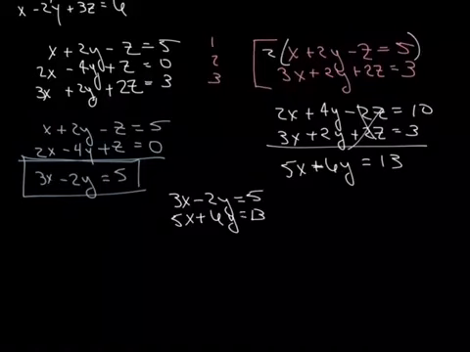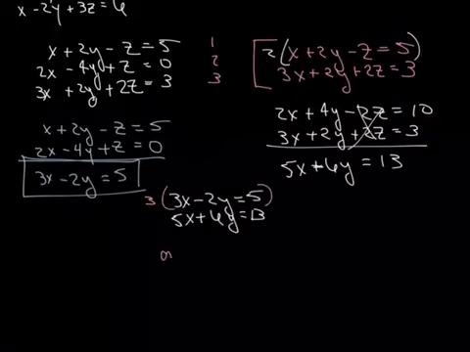Alright, so you've done these before. So I need to decide whether I'm going to get rid of my x's or my y's. Well, if I get rid of my x's, I have to multiply this by 5 to make this a 15, and this by 3 to make this a 15, and that's too much work. Whereas this 2, I can make it into a 6, so I don't change anything here, but I multiply the whole thing up here by 3.